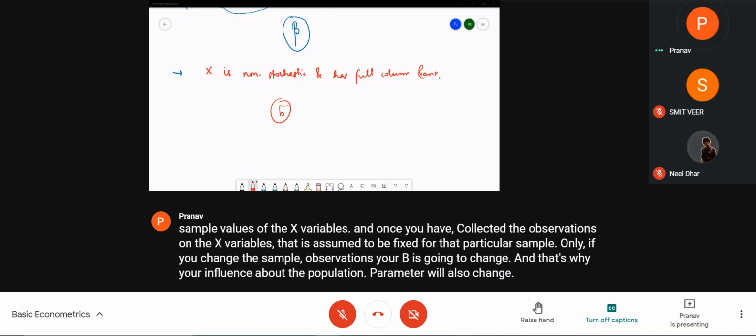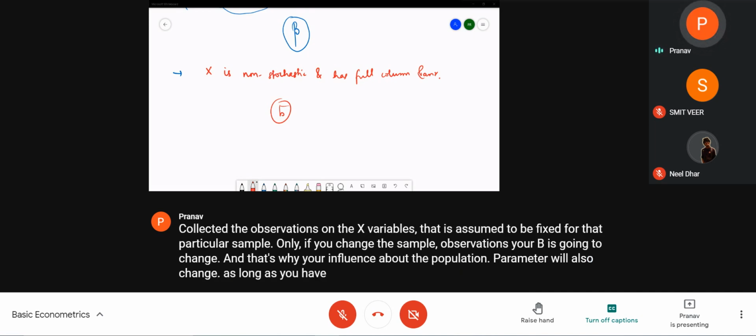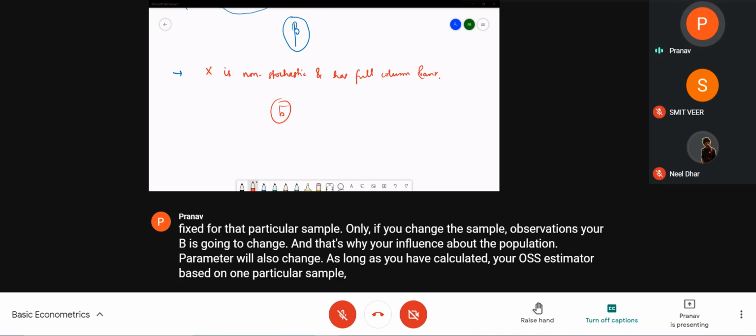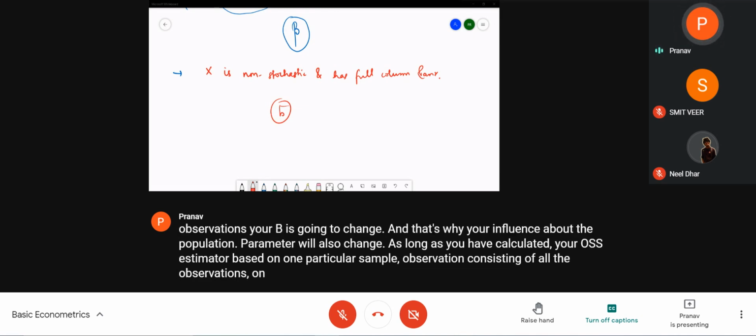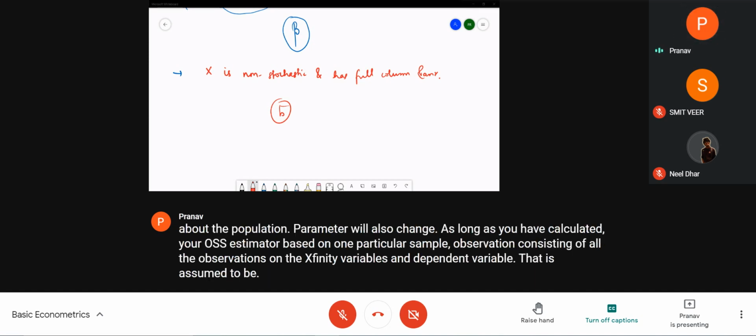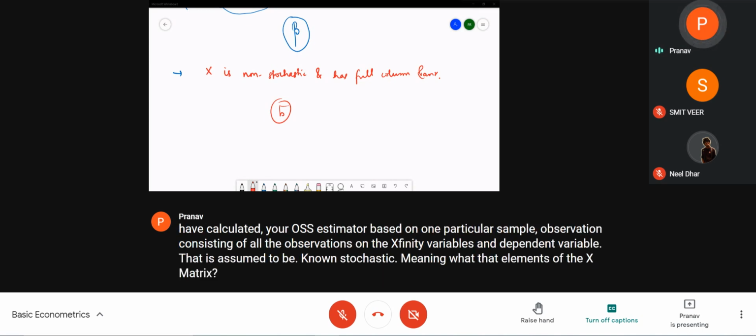But as long as you have calculated your OLS estimator based on one particular sample consisting of all the observations on the explanatory variables and dependent variable, that is assumed to be non-stochastic, meaning what? That elements of the X matrix are treated as fixed in repeated sampling.